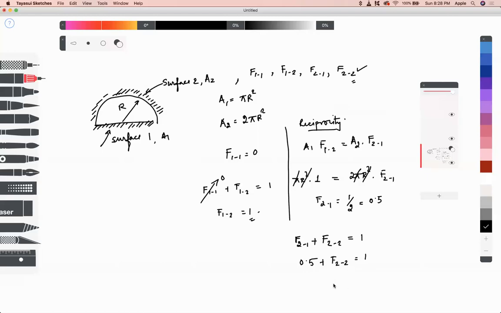So F2 to 2 will also come as 0.5. That means 50% of the radiation leaving surface 2 will come back to surface 2 again. Okay, so this is how we can use the concept of view factor and the rules of view factor to solve the problems.